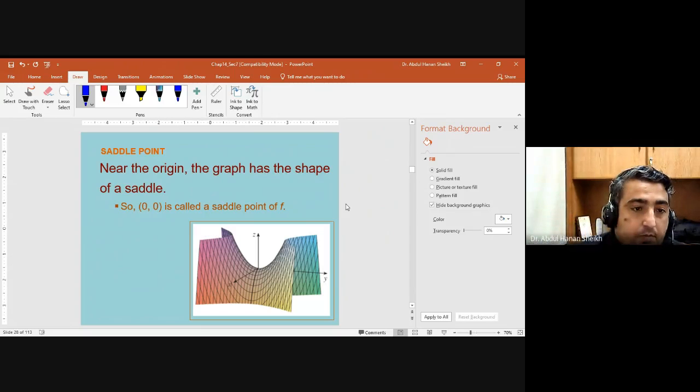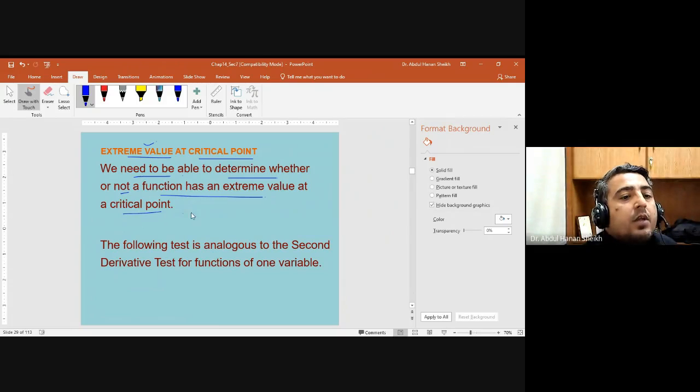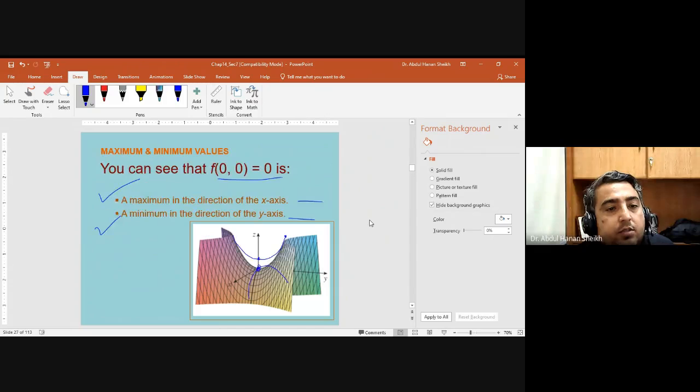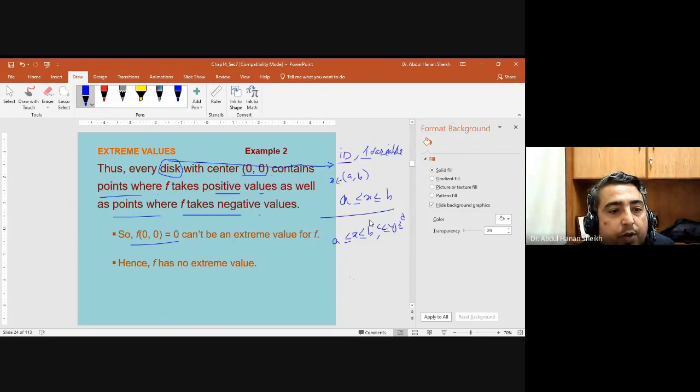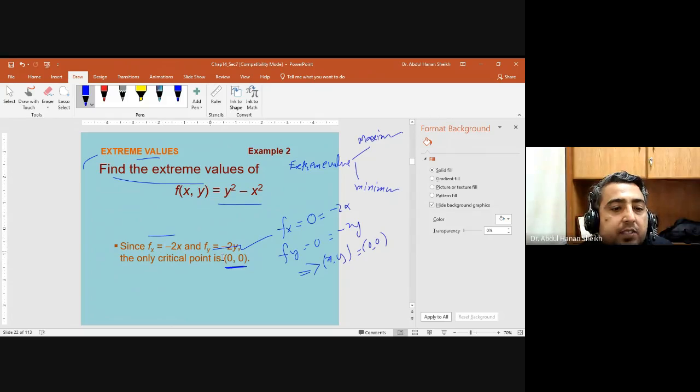Now this is an important statement, the relation between critical points and extreme values. We need to be able to determine whether or not a function has an extreme value at a critical point. This point is a critical point because we found it by equating the first derivatives with respect to x and with respect to y to 0.